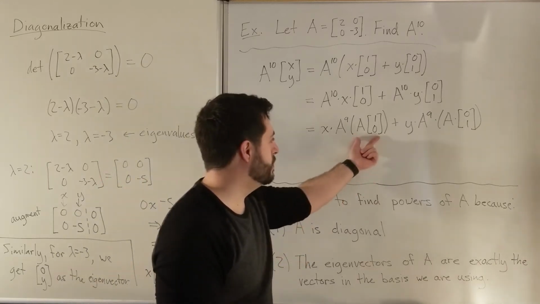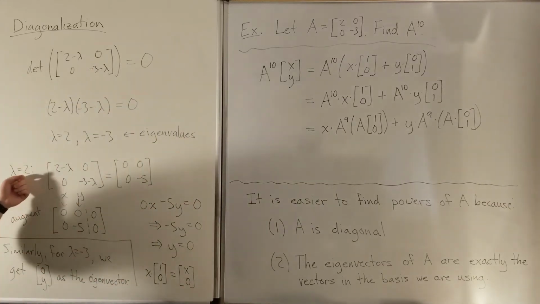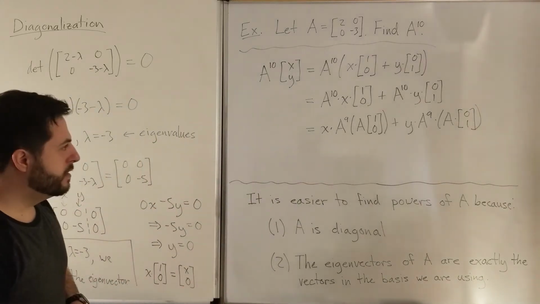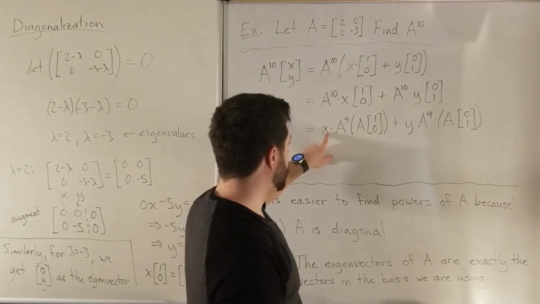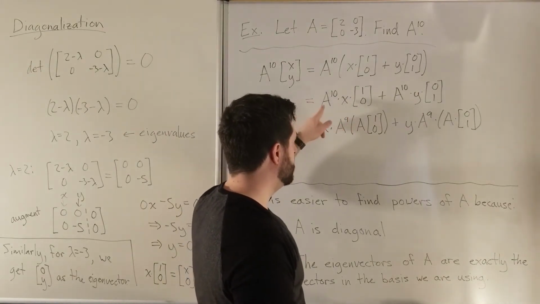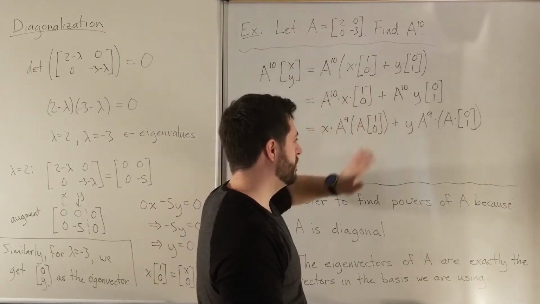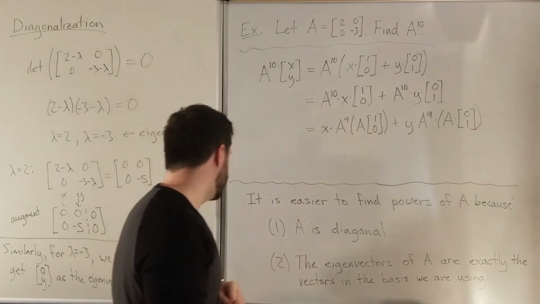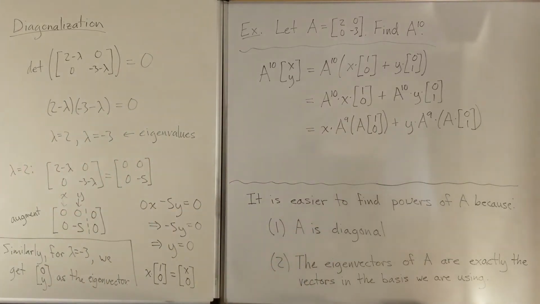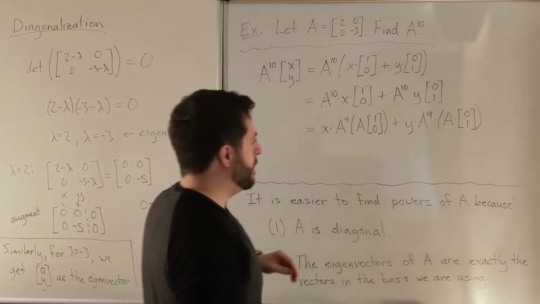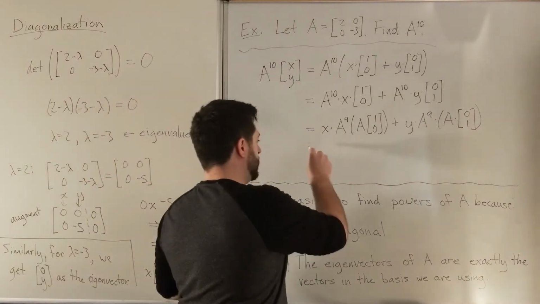Remember, the eigenvalue for this was lambda equals 2. Okay, so the x moves past the matrices, or you could leave it up here. It doesn't really matter because x, 0 is also an eigenvector. So I did the same thing over here, and let's see what this does.